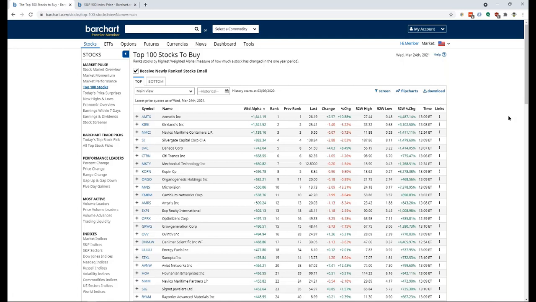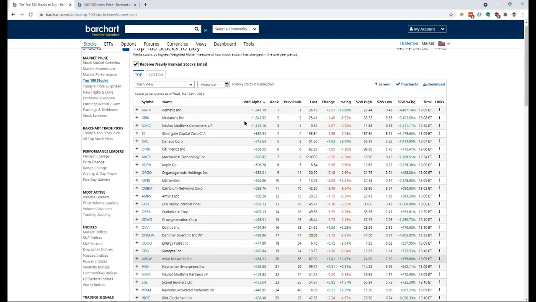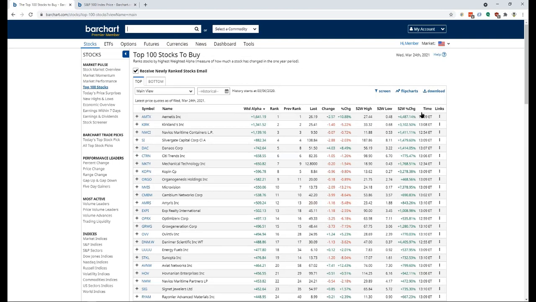Okay. Alpha is nothing more than, if you understand a weighted moving average, then a weighted alpha, if you look at the first column, you see weighted alpha is 1600. And if you go to the last column, all the way to the end, the change is really 4,300 for the year.